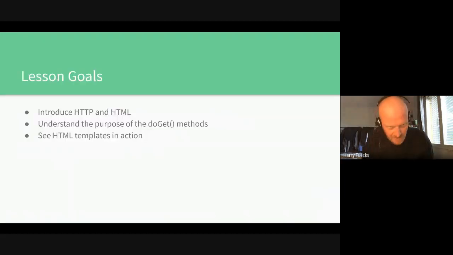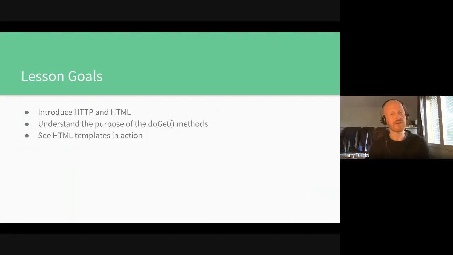Okay, so what our goal is today, I think, Omar, you may already know most of this, but you'll see a little bit that might help you understand the APIs. For the rest, I'm just going to give a quick introduction to HTTP and HTML.